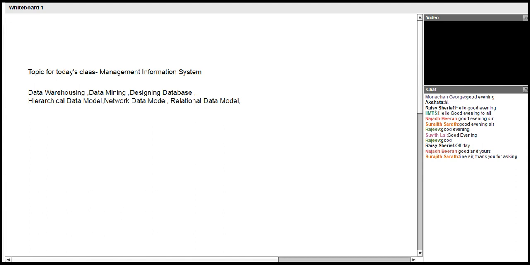We have different software for database. We have a lot of databases available in the market, such as the Oracle database. Then we have the DB2 database, which is the product of the IBM company. So these databases are used for storing and collecting data.